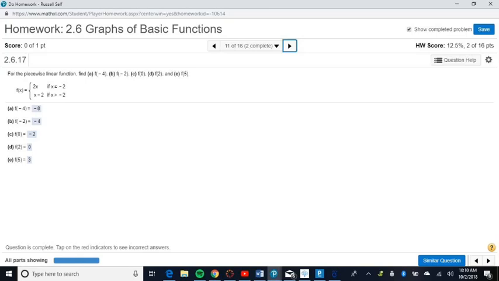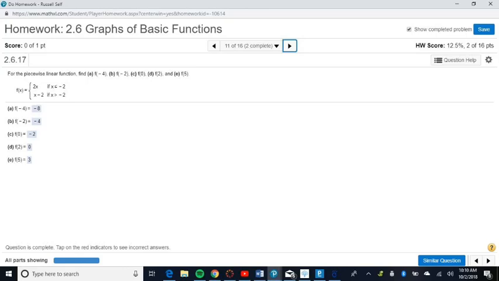That simply means plug the number in and do the math. But if you look, we have two functions here. We have 2x as one of our functions, and then we have x minus 2 as our other function. So we're going to have to do it for all of those points, when it's appropriate.